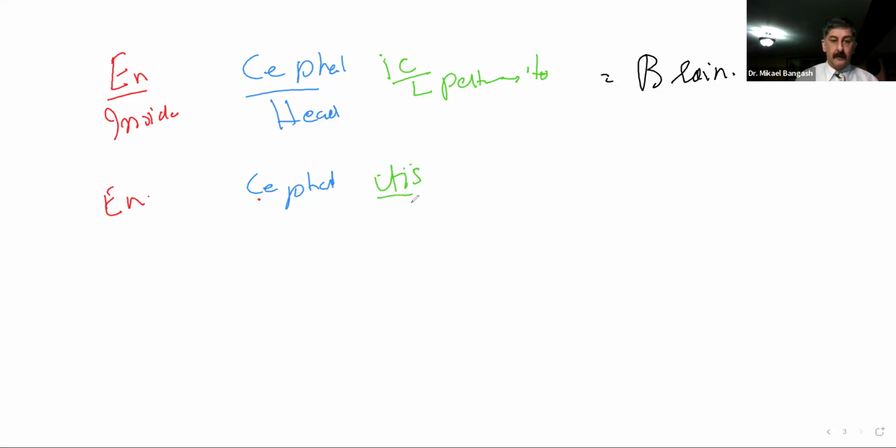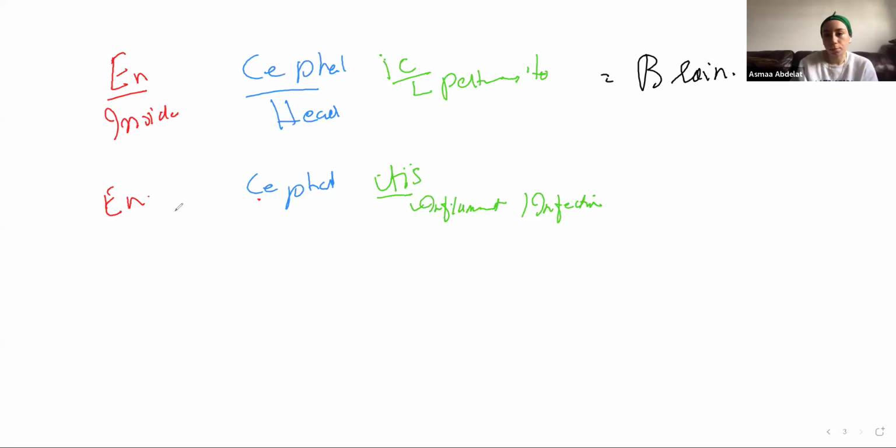So what does this now become? It can be an inflammation, or a worst case scenario, infection. Infection of what? The brain. Clear? Or inflammation of the brain.